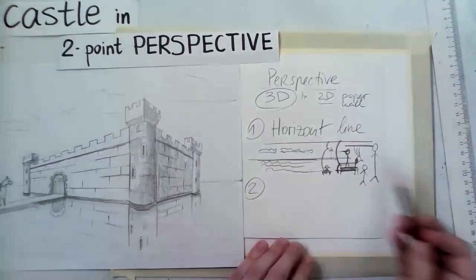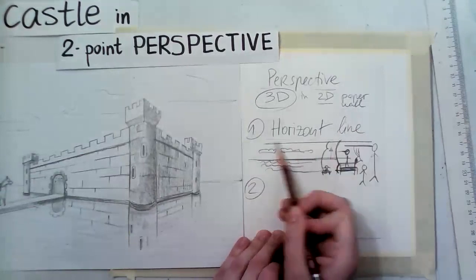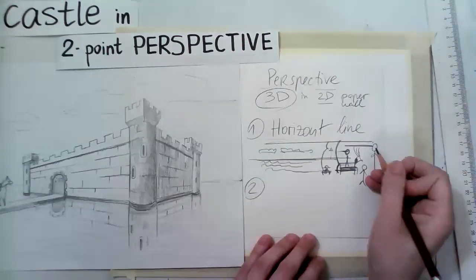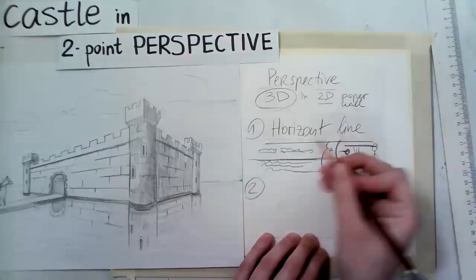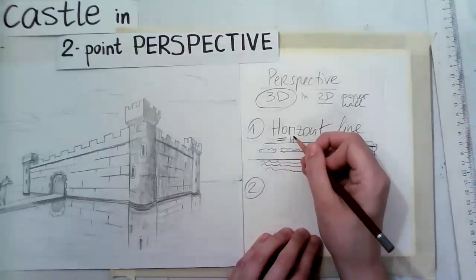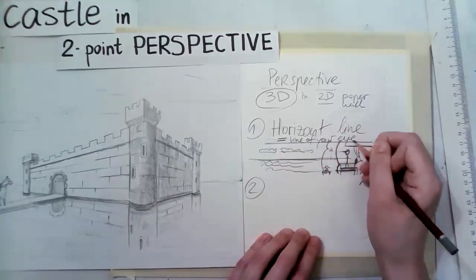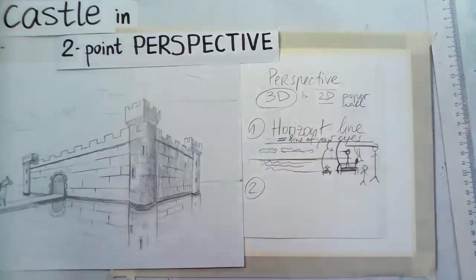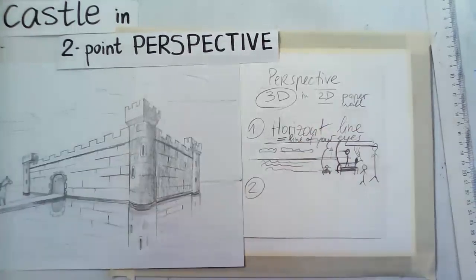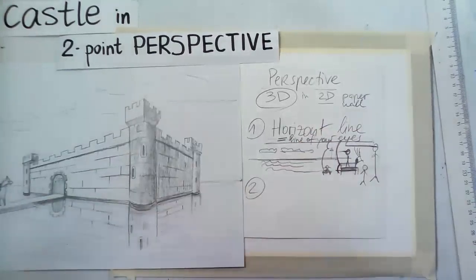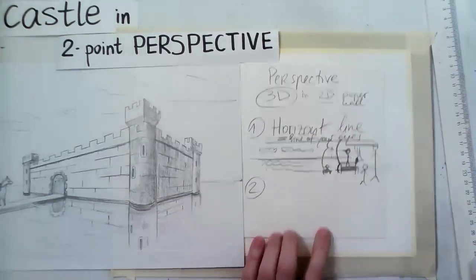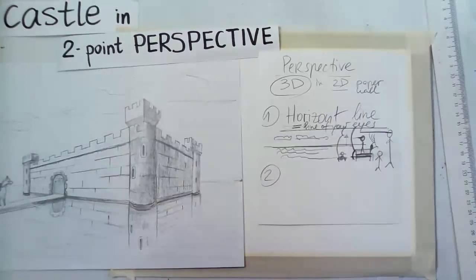And I'm telling you this for you to understand that the horizontal line is actually the line of your eyes. This is very important to remember, because how you draw and construct depends on it. Okay, we got clear about the horizontal line.